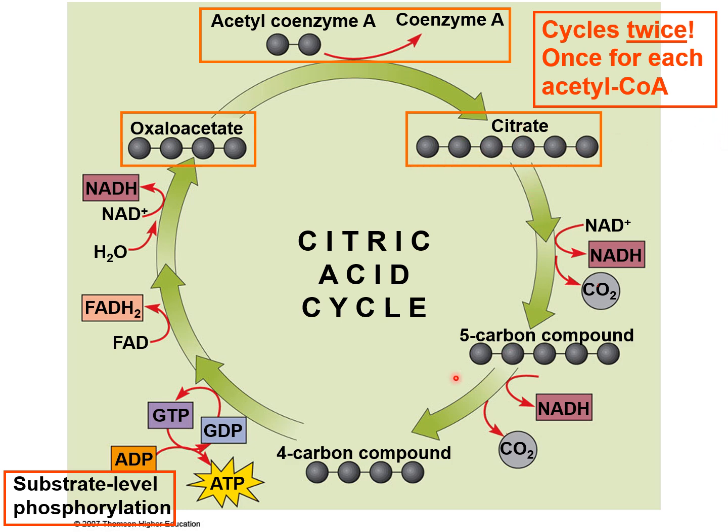As we go around the cycle, notice we're going to regenerate this 4-carbon compound. So we're going to end up chopping off 2 of the carbons, and those end up as our carbon dioxide. And we're also going to rip electrons off and put them onto our electron carriers, NADH and FADH2. And we're also going to make some ATP along the way using substrate level phosphorylation.